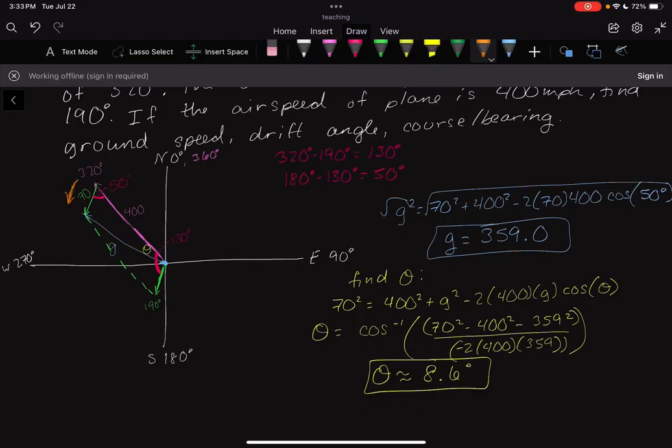We're going counterclockwise, so we're going to subtract. So for my course, I'll do 320 minus 8.6, and I get 311.4. So that's where the plane actually went. It was trying to go 320 degrees, but it actually went a little bit lower than that.